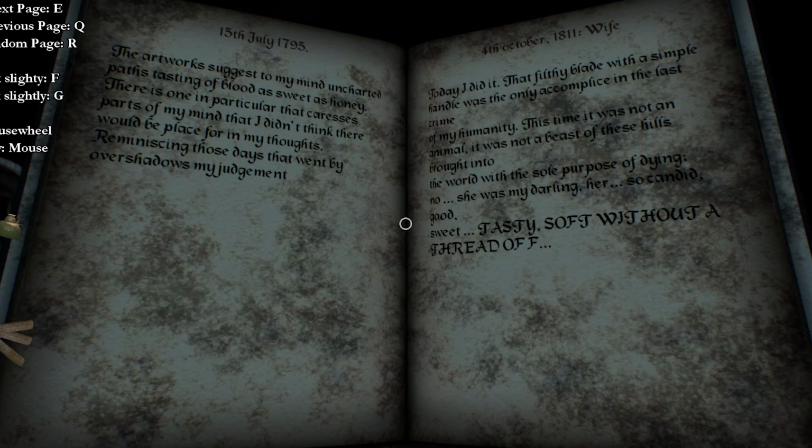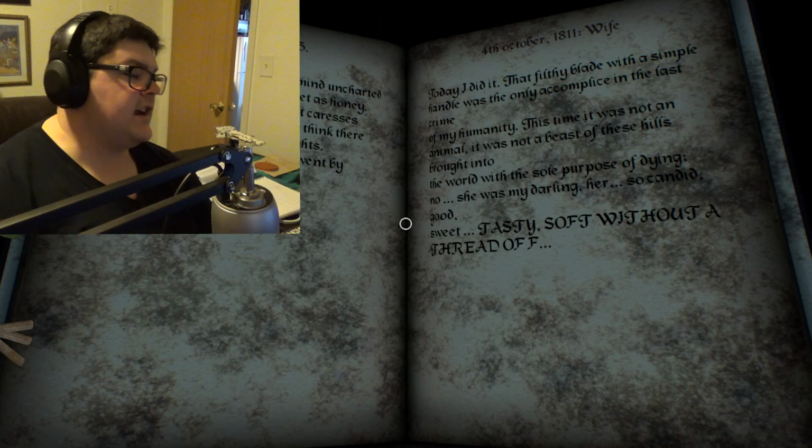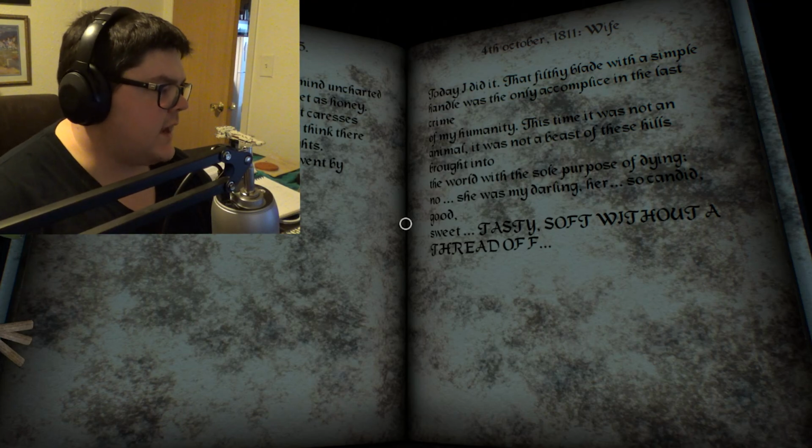That filthy blade with the simple handle was the only accomplice in the last crime of my humanity. This time it was not an animal, it was not a beast of these hills, brought into the world with the sole purpose of dying. No, she was my darling. So candid, good, sweet, tasty, soft without a thread of.